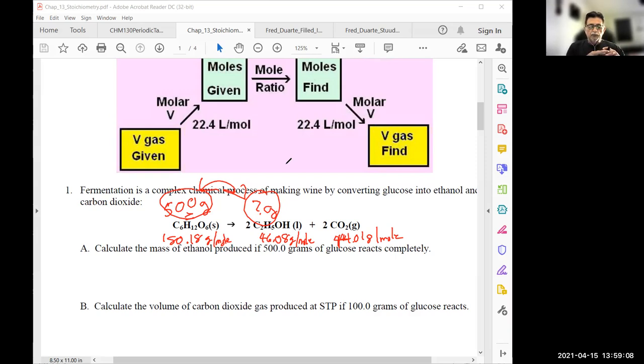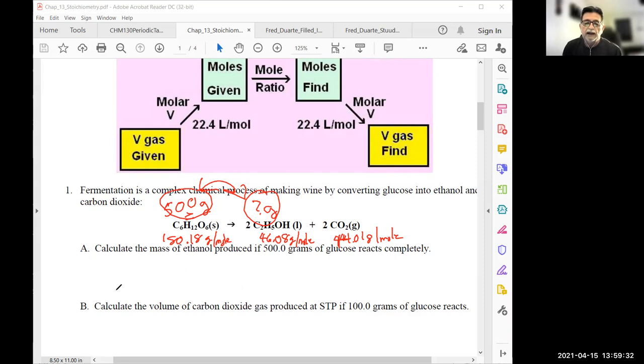And then the oxygens, we got 6 in glucose, 2 in the form of ethanol and 4 in the form of carbon dioxide. So we're good on that. Everybody's happy and everything's balanced. I just need to double check sometimes. There could have been a typo, but it's not in this case.